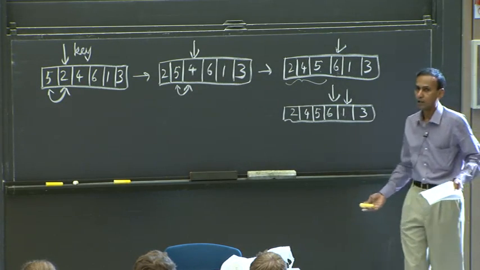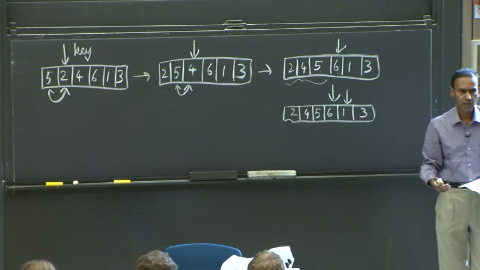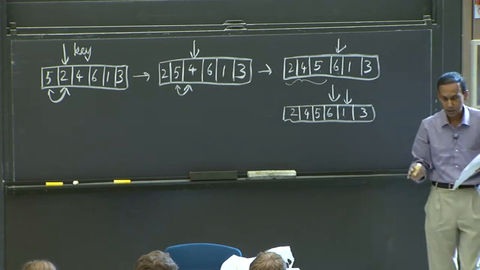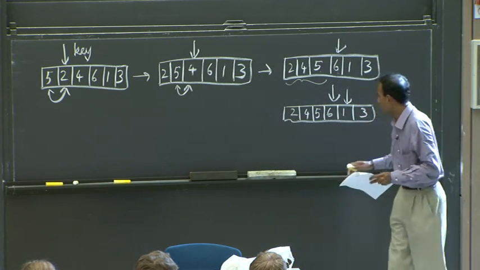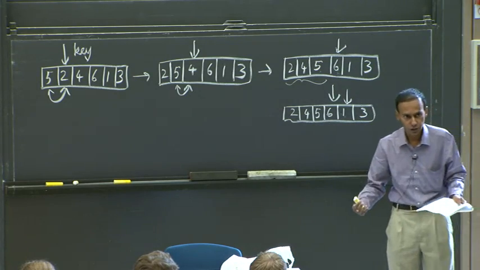Here you have to do more work. Now you see one aspect of the complexity of this algorithm, given that you're doing pairwise swaps. The way this algorithm was defined in pseudocode was: I'm going to use pairwise swaps to find the correct position.